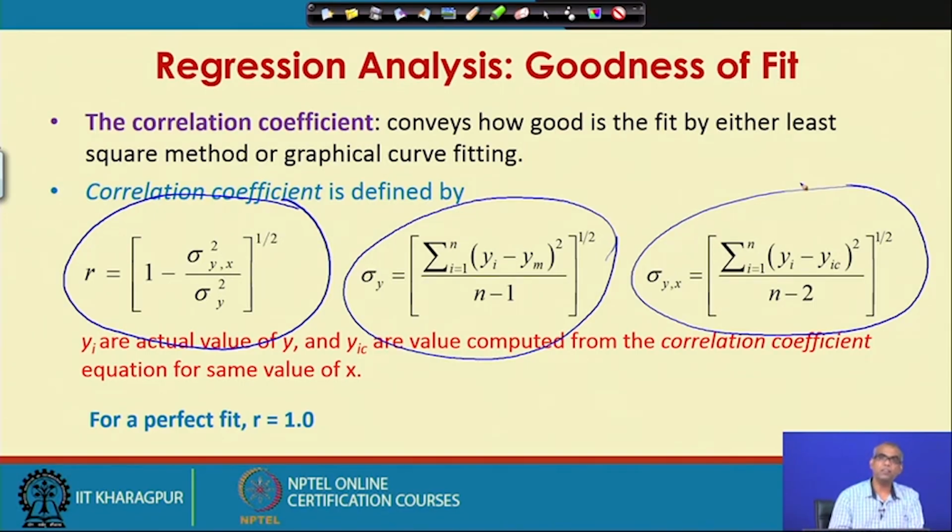For a perfect fit, the value of correlation coefficient r will be equal to 1. If the value is very close to 1, the goodness of fit is high. So, fit is good when the value of the correlation coefficient is close to 1.